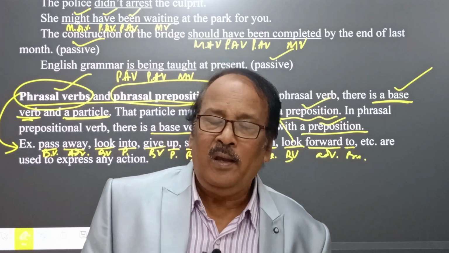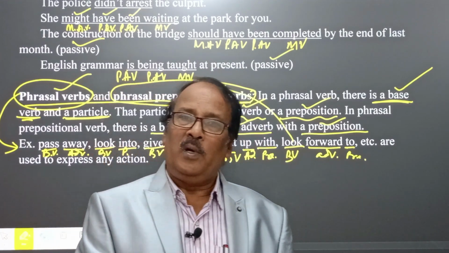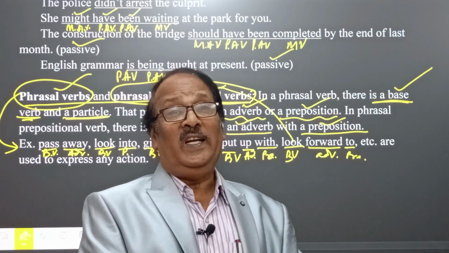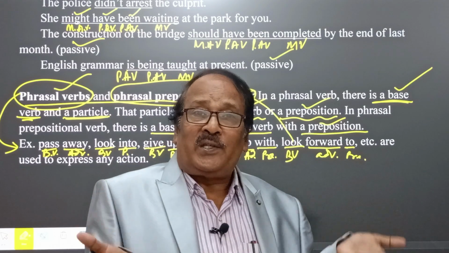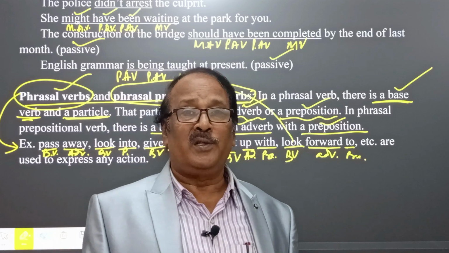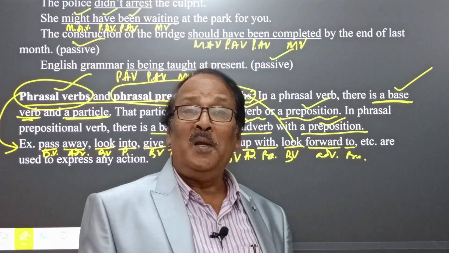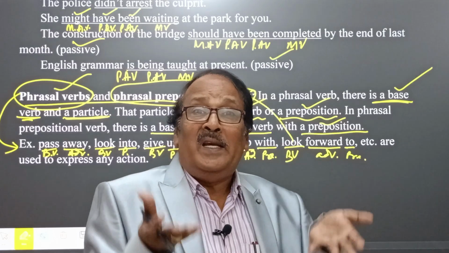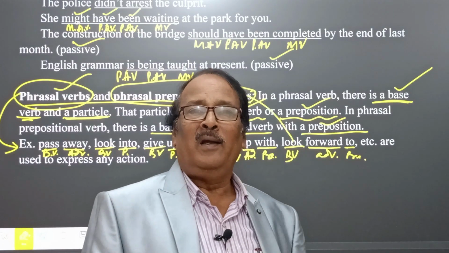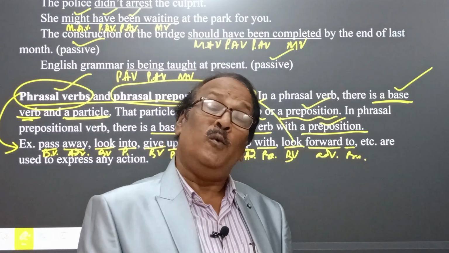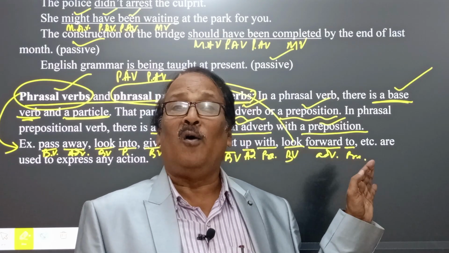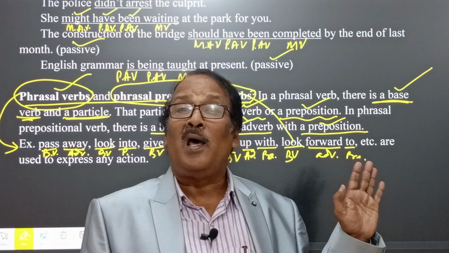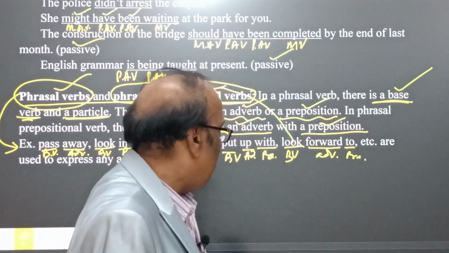This is the way we use phrasal verbs. Phrasal verbs are very tricky and very interesting, and they make our sentence construction very valuable and important. They enrich our spoken and written English. We will discuss them in a separate class, but here we see how verb phrases are formed. Yes, okay.